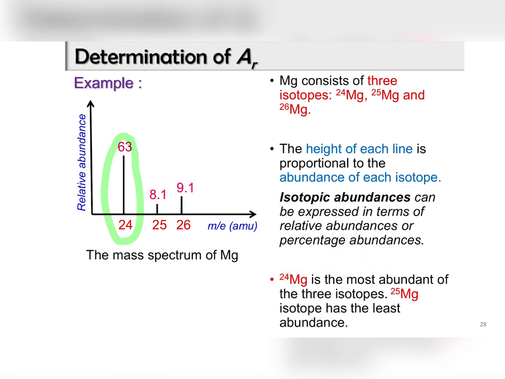So we can conclude that magnesium 24 is the most abundant among these three isotopes. Magnesium 24 is the one that exists the most. So from there we can conclude that magnesium 24 is the most stable to exist. The others are less stable, that is why their relative abundance is less.